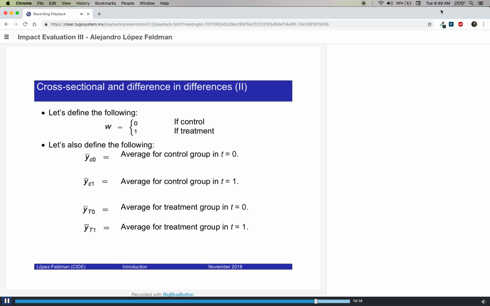So I am interested in a Y variable, so I can define 4 expected values, or 4 averages: income for the control group in year 0, income for the control group in year 1, income for the treatment group in year 0, and income for the treatment group in year 1. So I have information for the control group and for the treatment group in year 0 and year 1. So I can have these 4 expected values concerning the average income.